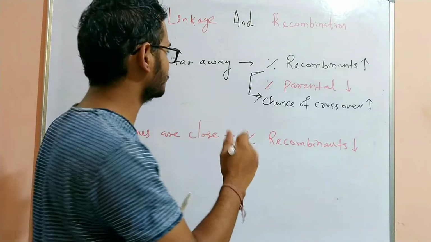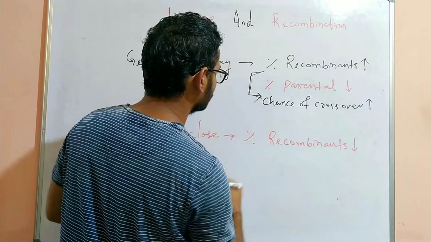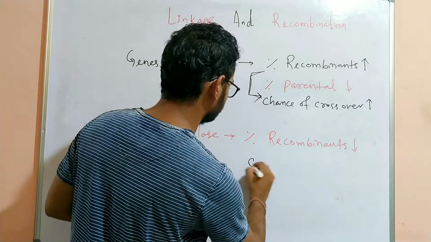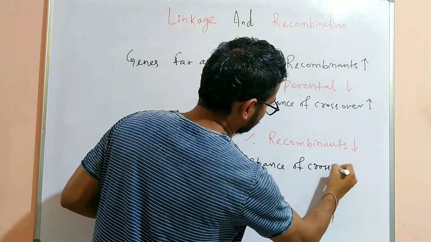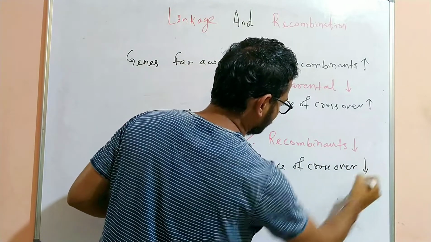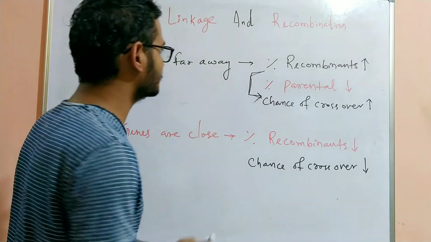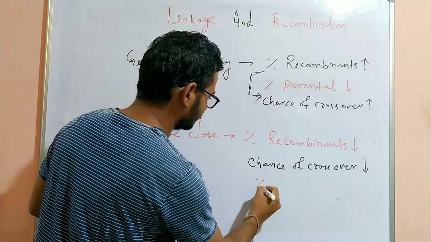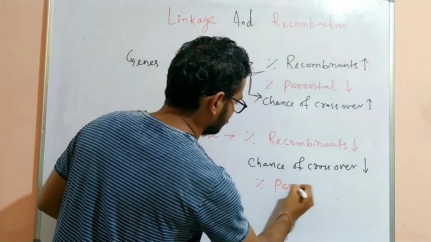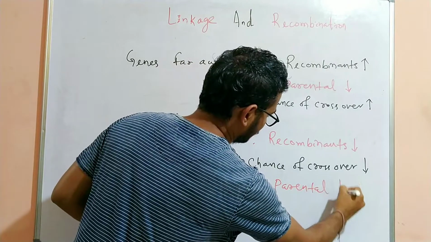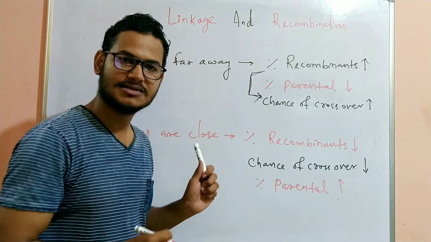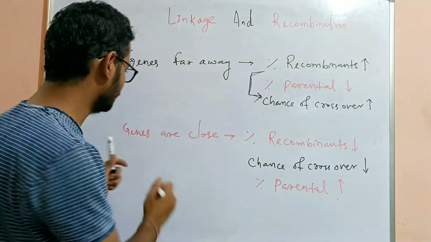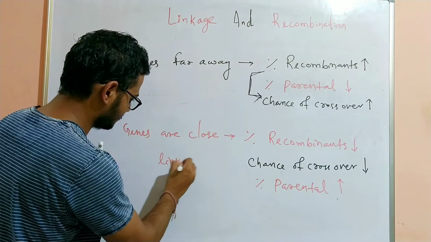So the chance of crossover will be less. But in this case, the percentage of parental character will be more, as the genes are closely situated, closely located. So these are linked genes.